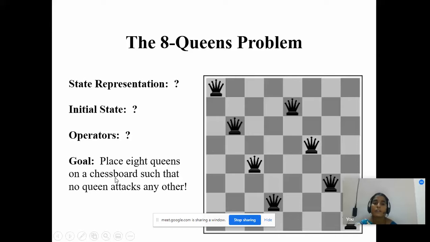Here the goal is to place 8 queens on the chessboard such that no queen attacks any other. So we have to place the queens in different rows and different columns, and also make sure that they do not intersect each other diagonally. This is how we frame the problem solving technique and provide solutions for the 8 queens problem.